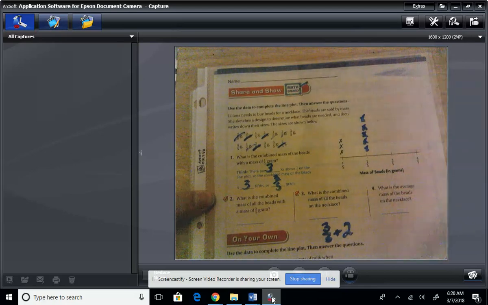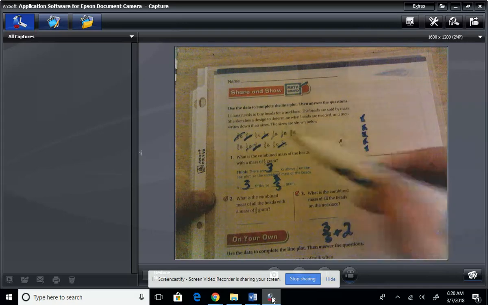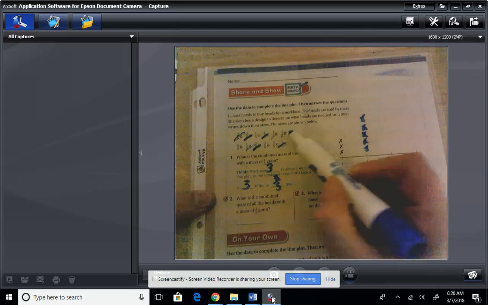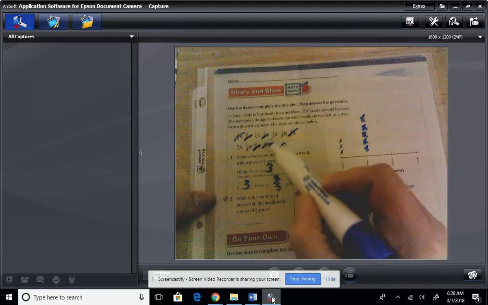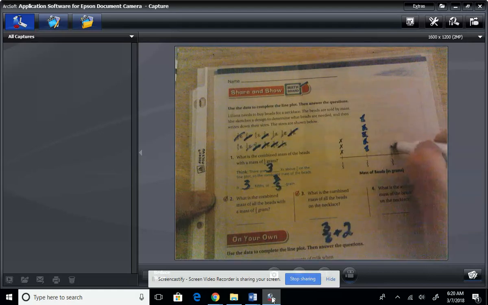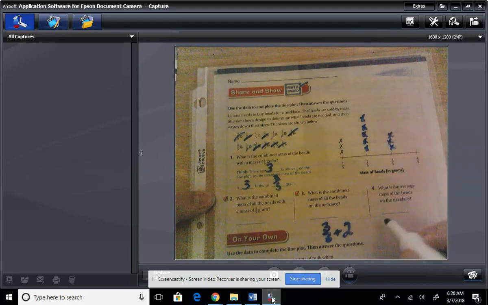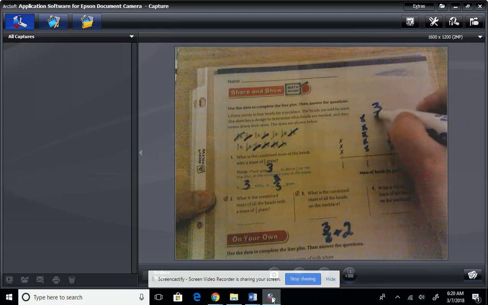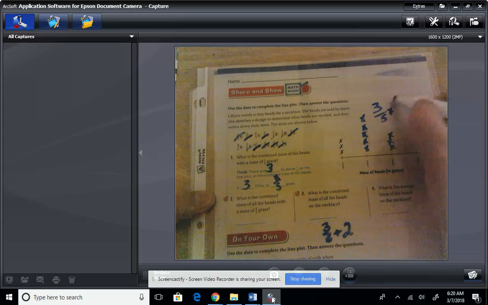Okay, now we got to combine the rest. So let's do 3/5, and we have 1, 2, 3. Now 3 fifths times 3 equals 9 fifths. And 5 goes into 9 one time with 4 fifths left over.